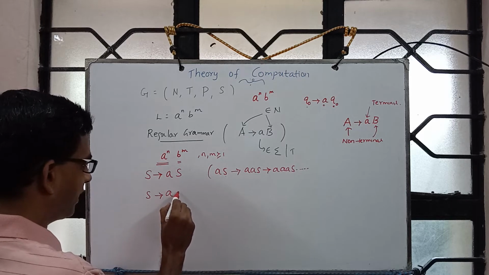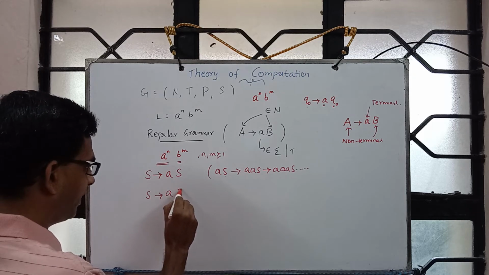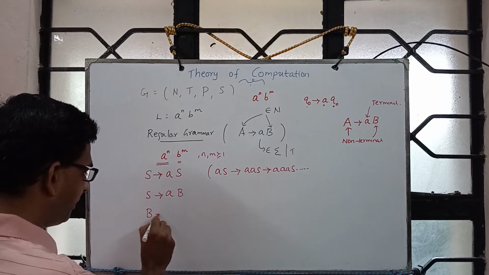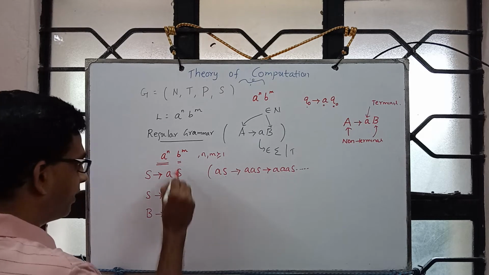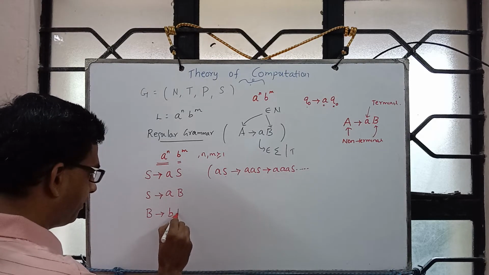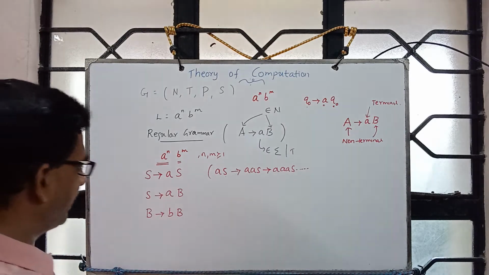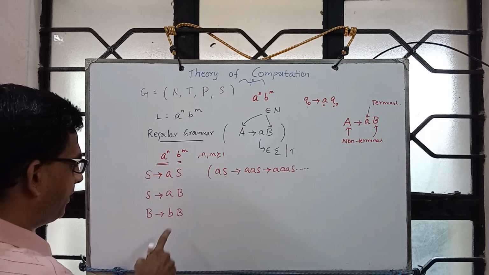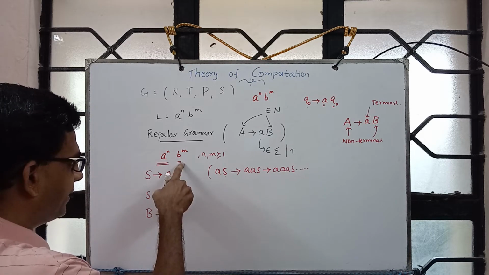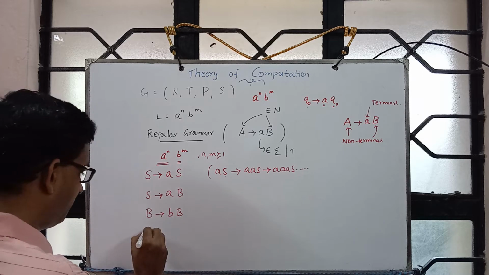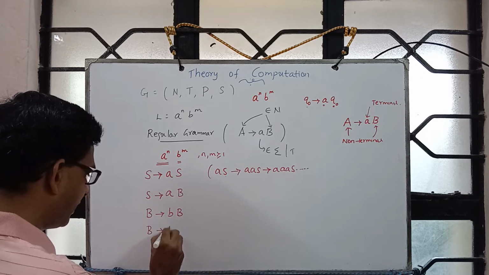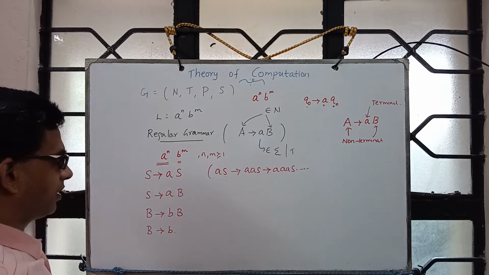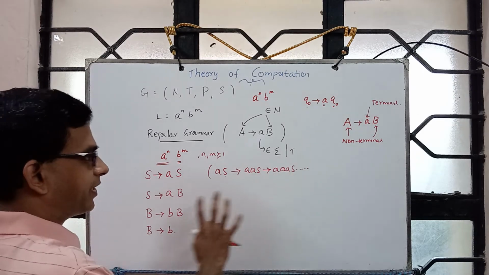So it is S implies A followed by B. Now with the help of the non-terminal B, I perform b power m. So I keep saying B implies bB. But remember, I should read at least one b before I stop. So I say B implies b. Fine. Now it's respecting our rule.